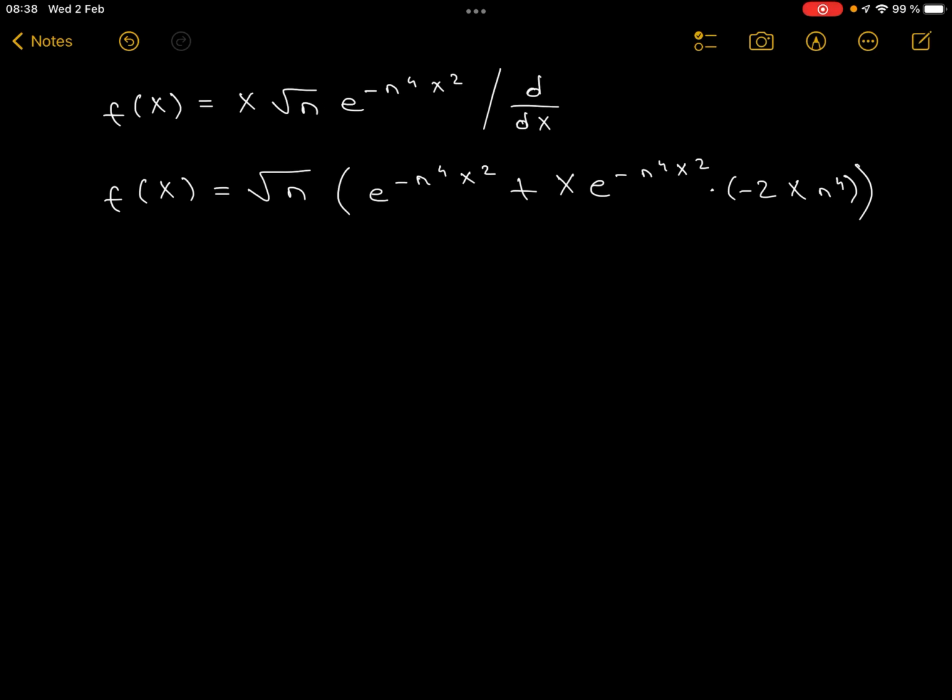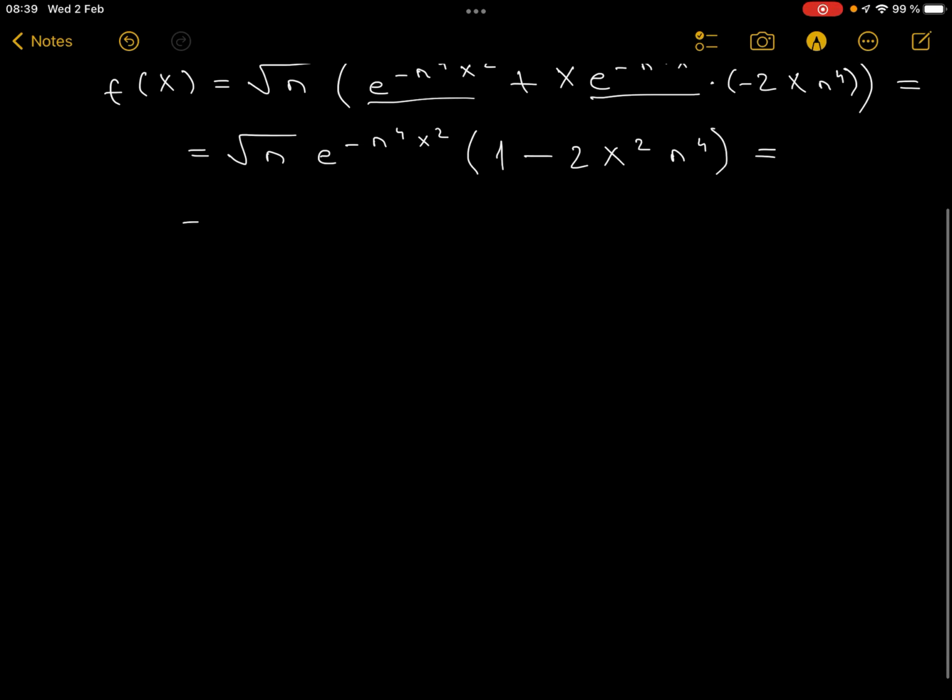Okay, now we can rewrite this as the square root of n, and I'll just go ahead and factor this part out, e to the negative n to the fourth times x squared, which just leaves us with 1 minus 2x squared n to the fourth power.